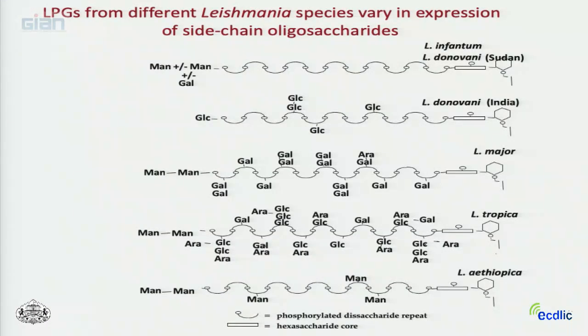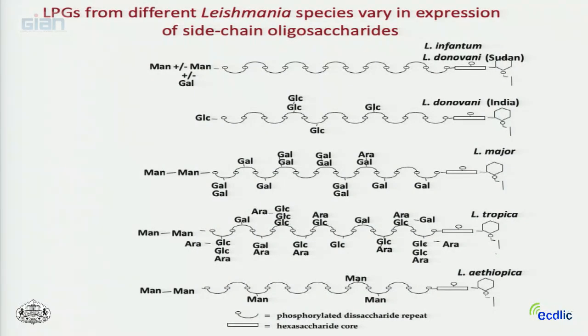It's interesting that donovani from Sudan has no side chain structures, has just this naked backbone. So still it has the basic LPG structure, but interestingly, no side chains. In India, most of the repeat unit structures are not substituted, but a few of them do have glucose side chains.